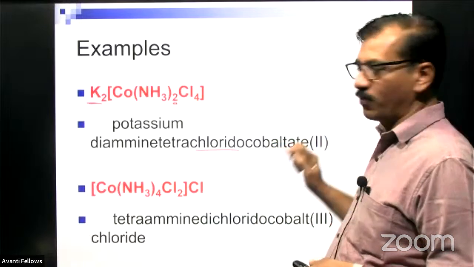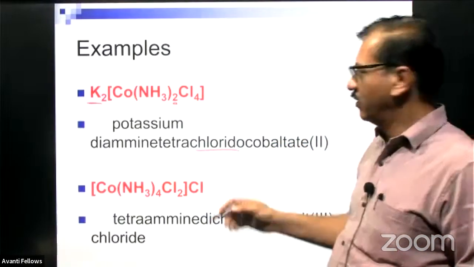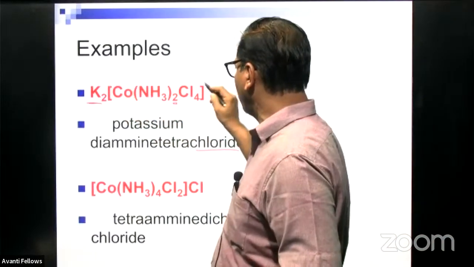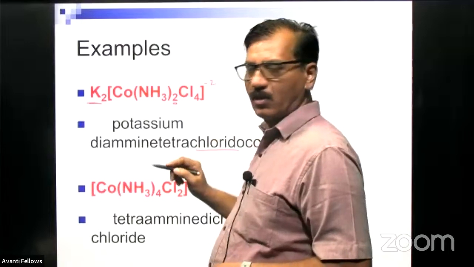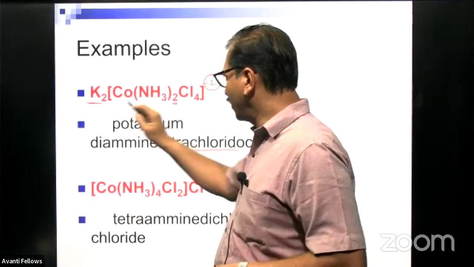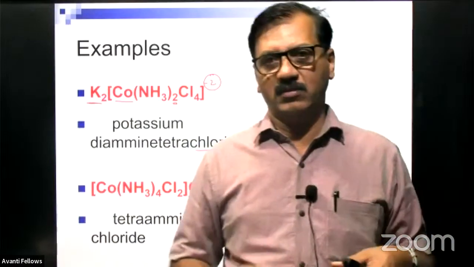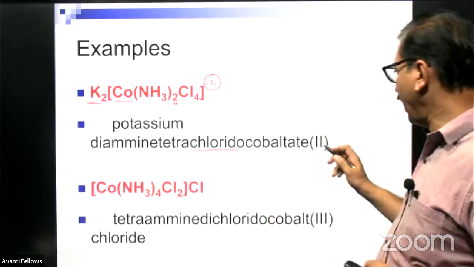Cobaltate(II). Why cobaltate? This is cobalt, but the whole complex carries a -2 charge. Since it is negative, it is not simply cobalt, it is cobaltate, so the suffix is ate.